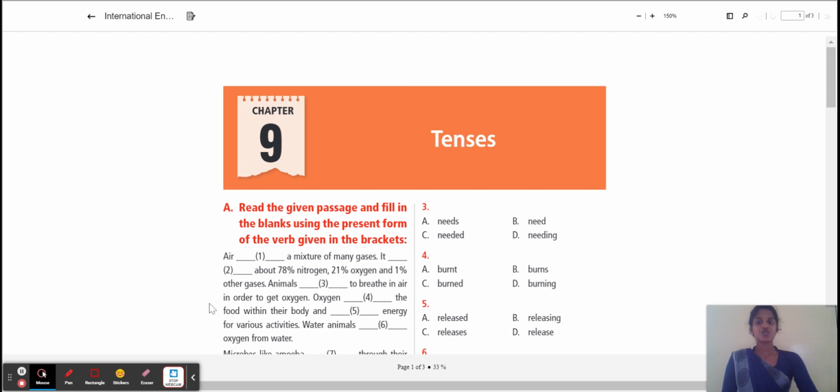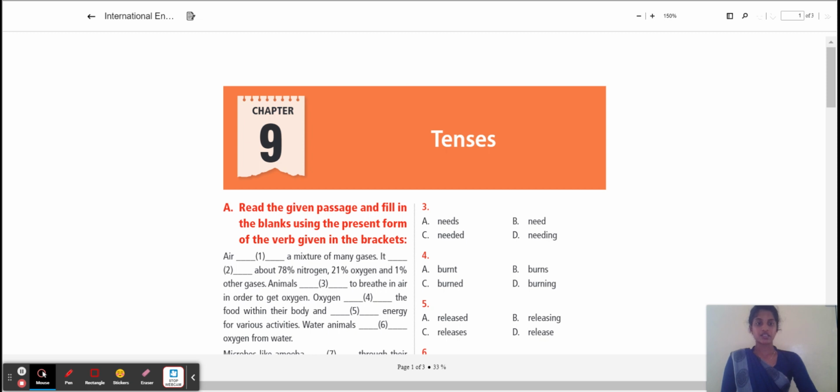Here, the first one, A. Read the given passage and fill in the blanks using the present form of the verb in the given bracket. Here, dash is a mixture of many gases. I want to tell you one thing. Present tense means is, are, am.